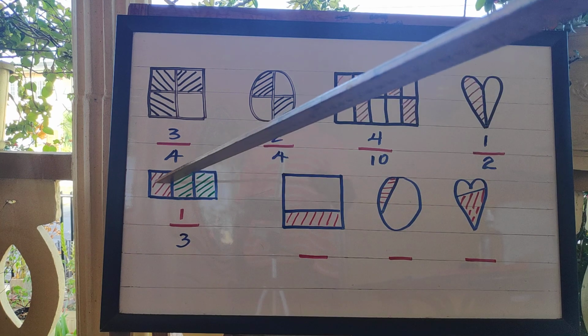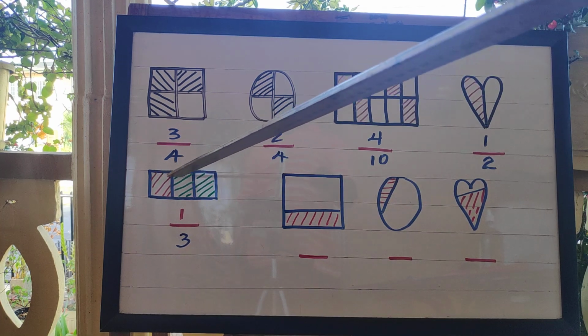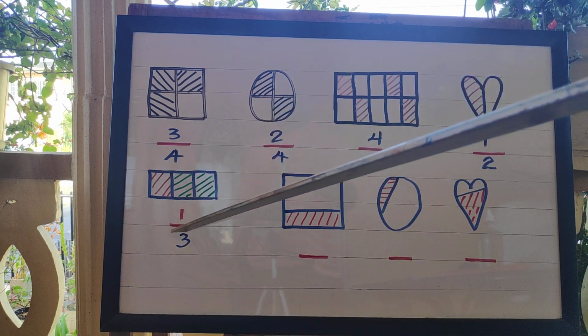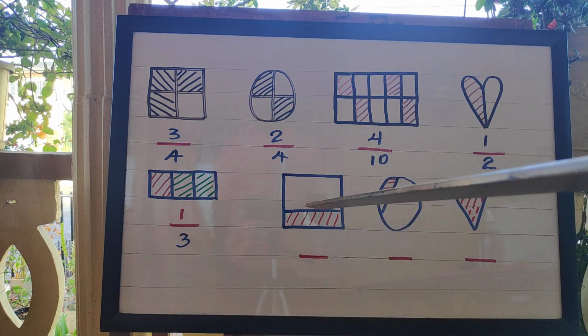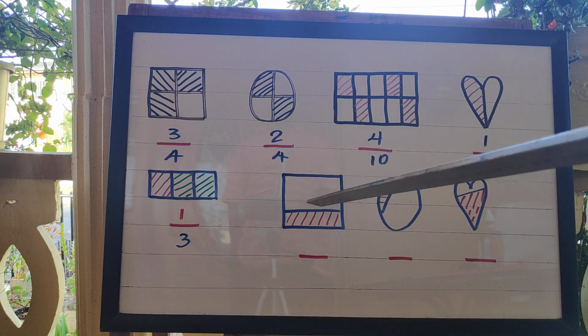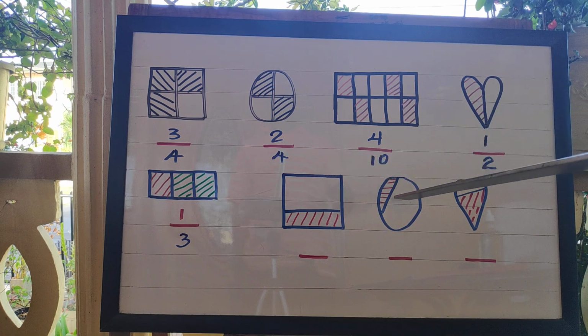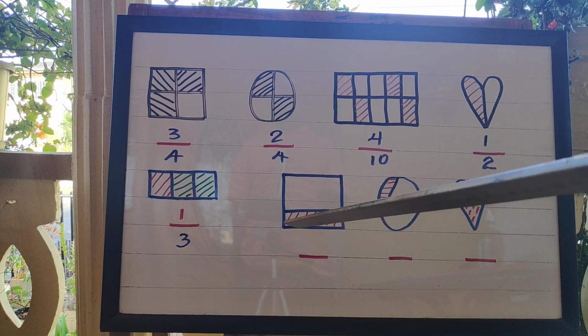And if we look at the green which is selected, it will be 2 parts out of 3 equal parts. But when we come to these, we can't name the fraction because these wholes are not divided into equal parts.